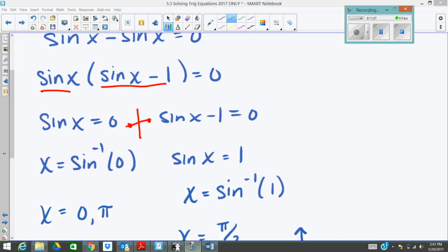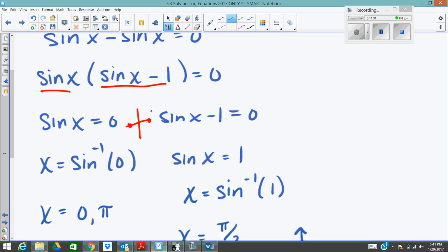So sine of x equals 0 in two places, at 0 and at pi, because remember that coordinate is 1, 0, so sine is 0, and negative 1, 0, so sine is 0. So we get two specific solutions at 0 and pi. And then now when we set sine of x minus 1 equal to 0, we're going to add 1 over.